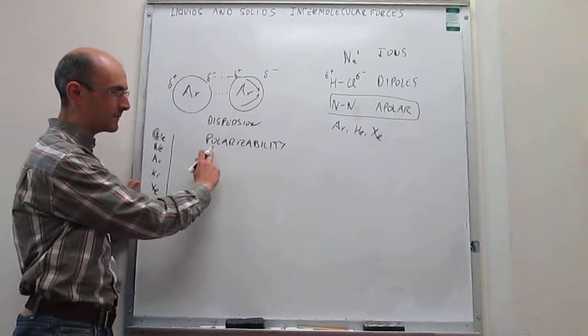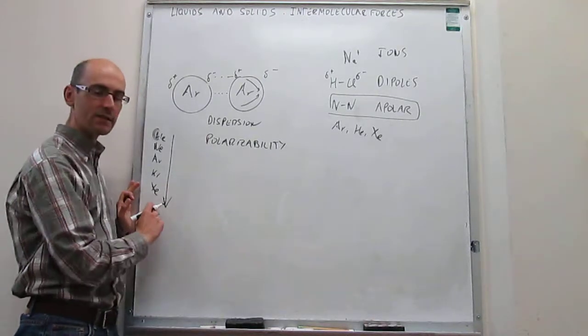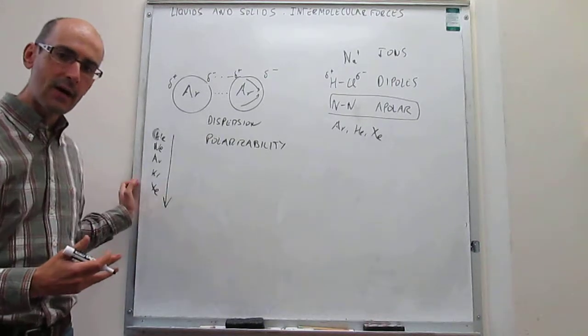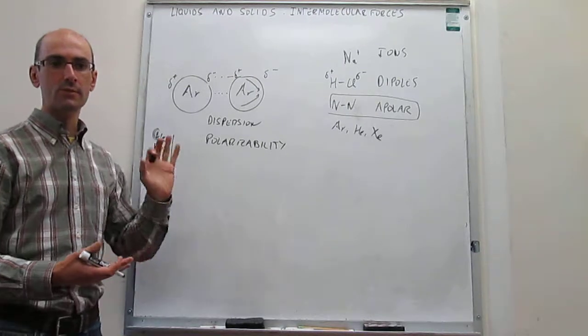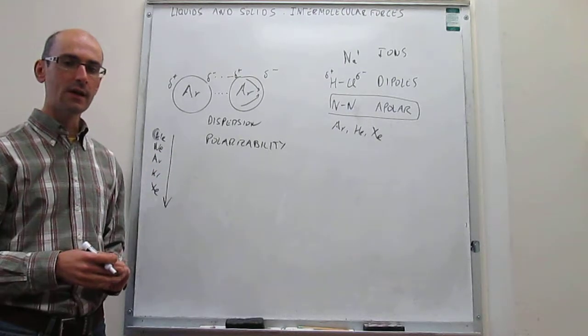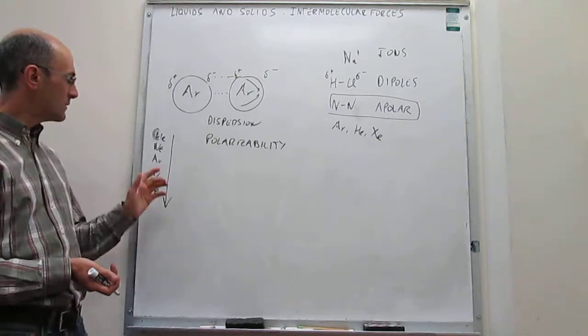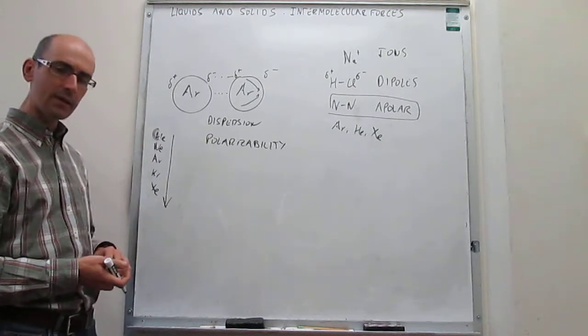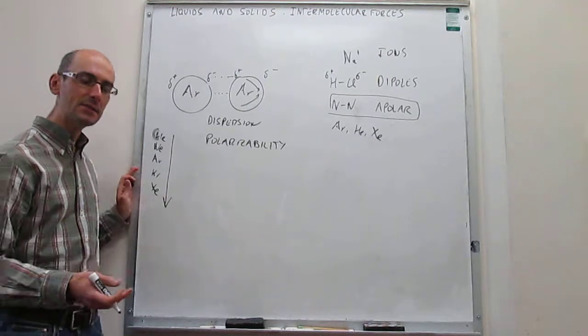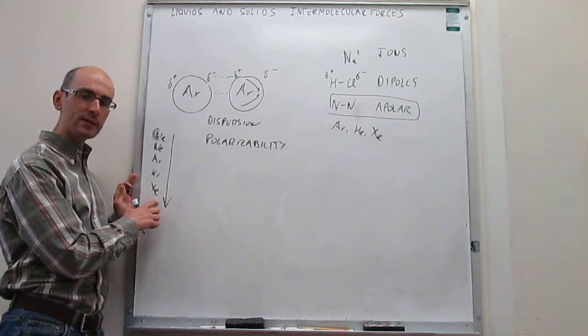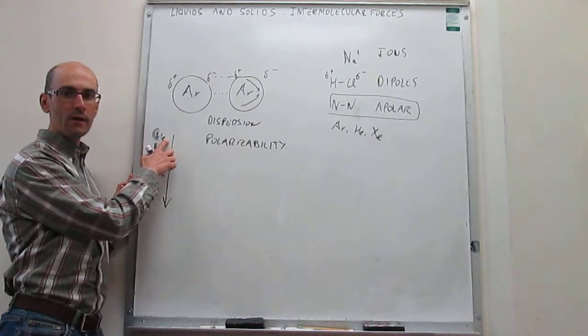So the polarizability is largest for xenon. What that means is that the interatomic interactions between xenon atoms in liquid xenon are much stronger than between helium atoms in liquid helium, and so it's much easier to form the liquid for xenon than it is for helium.